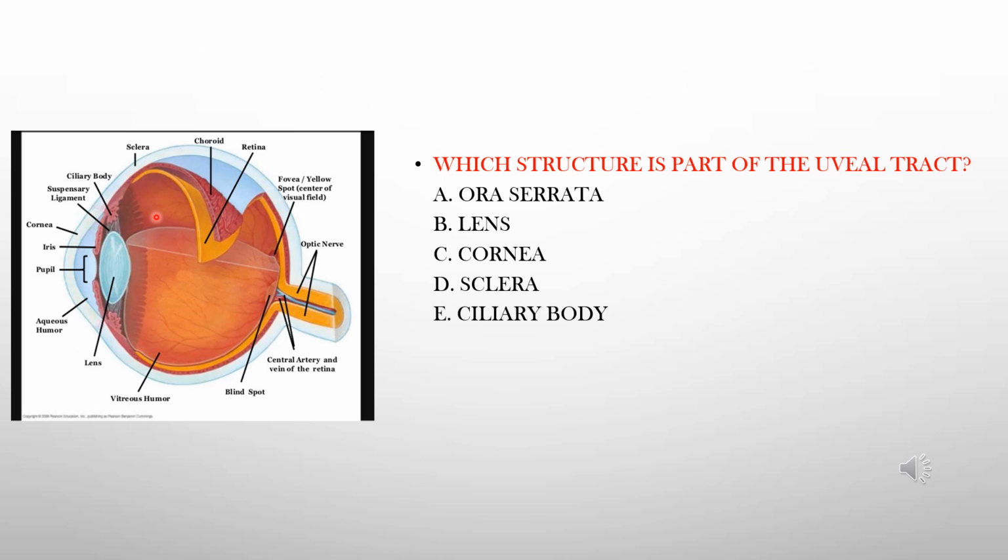The ciliary muscle is involved in the accommodation, near and far vision, and changes the shape of the lens, and ciliary processes send the zonule that suspends the lens and also produce the aqueous humor. So the structure which is a part of the uveal tract is the ciliary body.